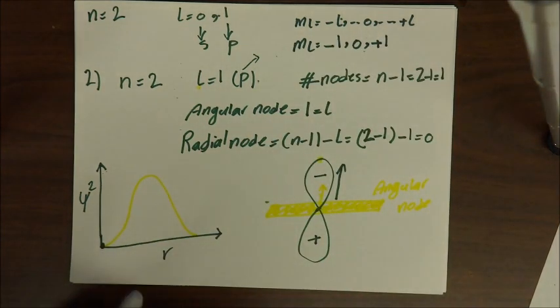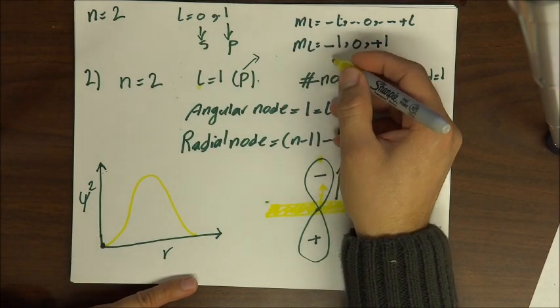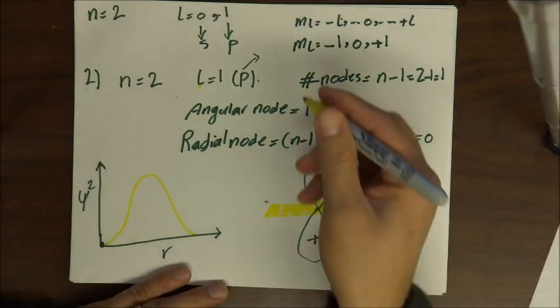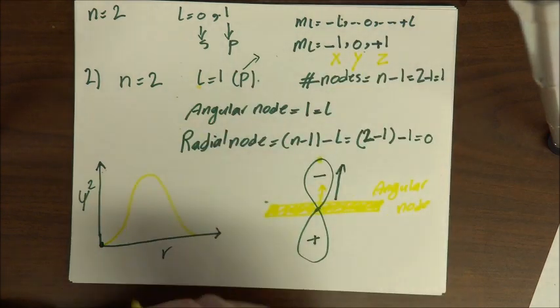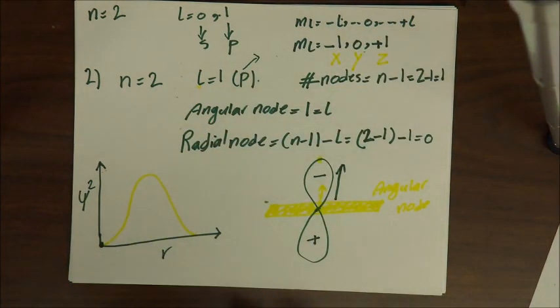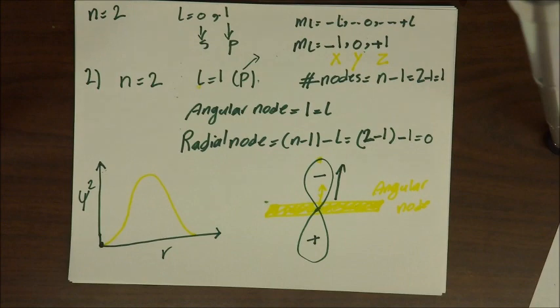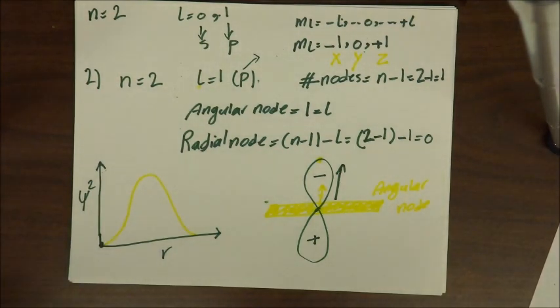We have 3 answers for L equal 1. That means we have 3 directions. I will show them as X, Y, and Z. There is no connection between minus 1 and X, or 0 and Y, or plus 1 and Z. Okay.